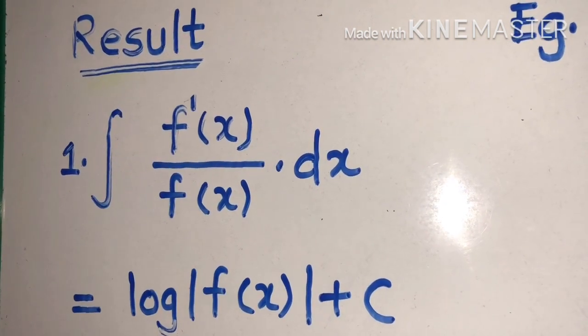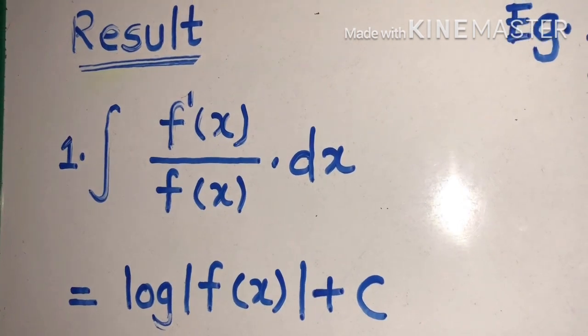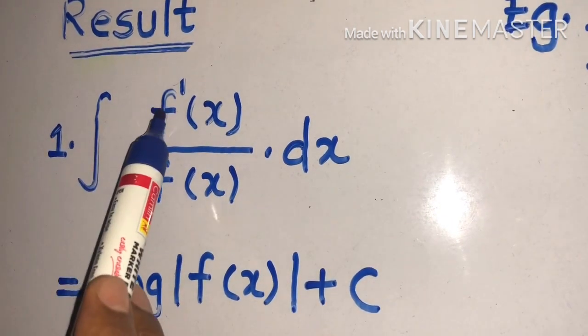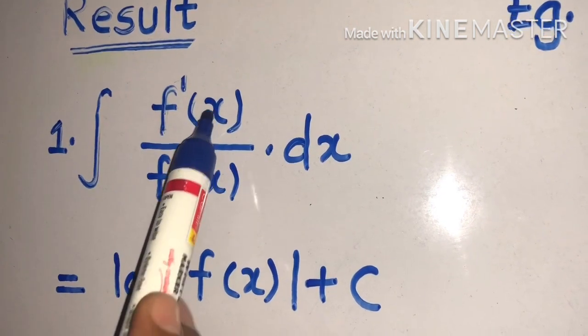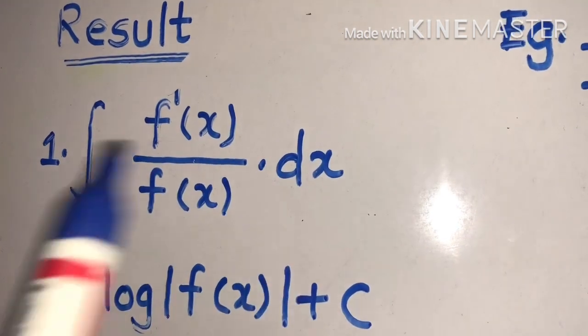We are going to start with the very important result. Your first result is the integration of f dash x upon f of x with respect to x.